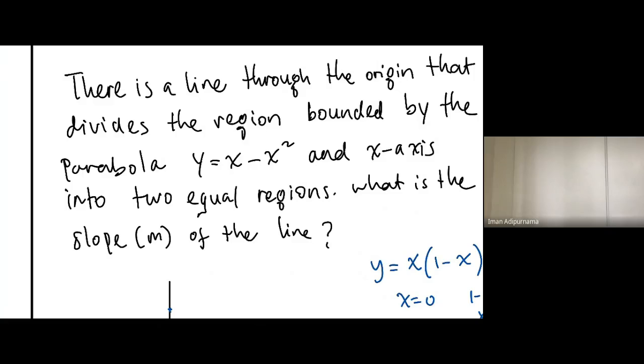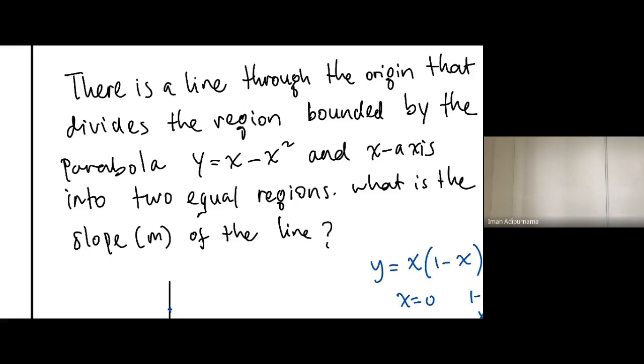The line goes through the origin 0, 0, and it will divide the region bounded by the parabola, it's not too difficult to draw, right? x minus x squared, and the x-axis, into two equal regions.